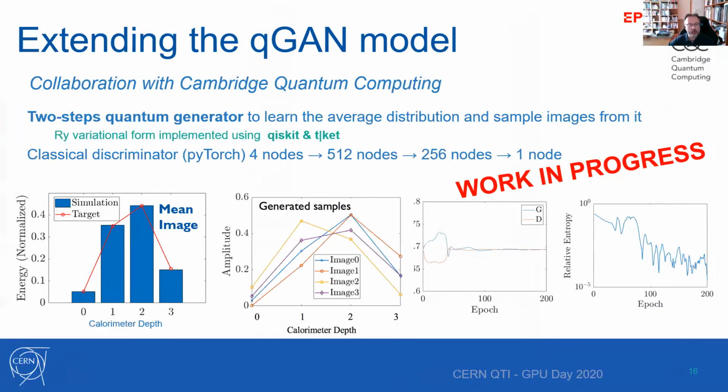So we have been working with Cambridge Quantum Computing and with IBM to move the state of the art forward. And we are experimenting today, still work in progress, but we have new models that are able to combine the existing methods to embed the energy distribution in the quantum circuits with a method to extract individual images from the circuit.